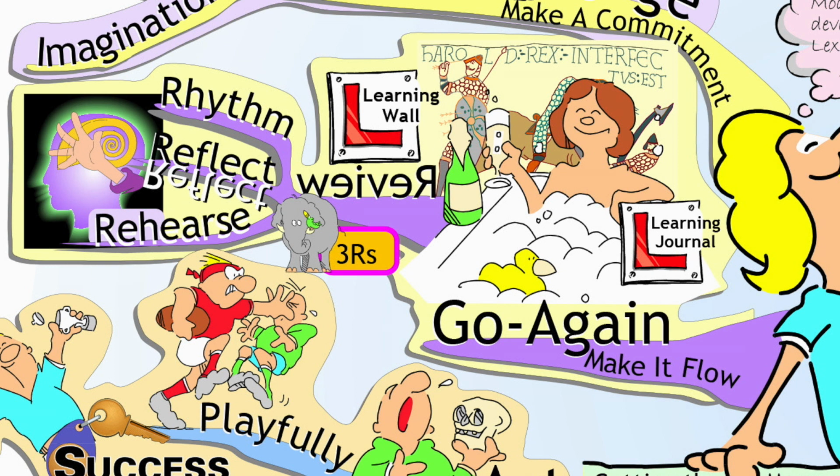We go again until there's a highway of learning through the learner's minds, so they've really owned it, they've acted on it, they've stored it, they've gone again, so that it becomes second nature or a path of least resistance.